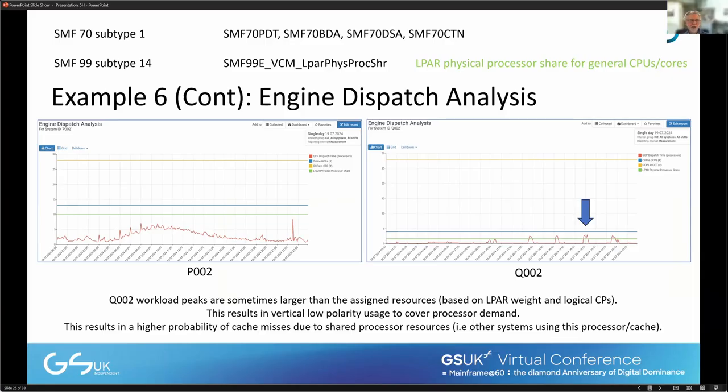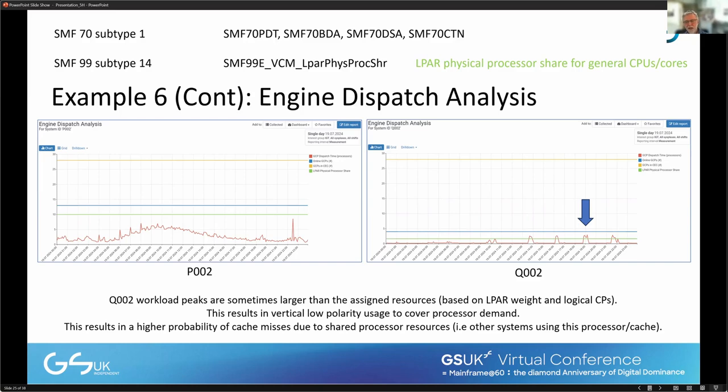Our P002 LPAR does not reach the physical share that's been defined for the LPAR, which means there's a little bit of room for growth. Let's use that term. If we look at the Q002 LPAR, those red peaks, which means the workload, is bouncing over the physical share, i.e. more than what we've defined.